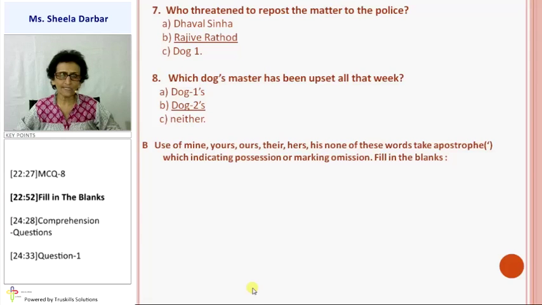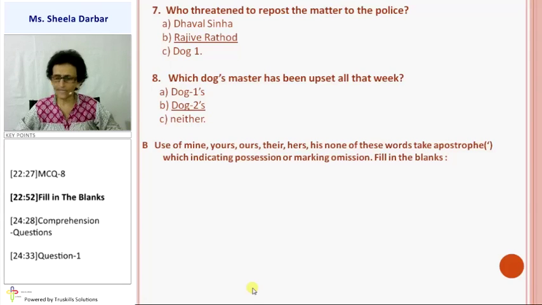Now in this case it is belonging, possession, and therefore apostrophe. But in the words that are given here, mine, yours, ours, their, theirs, hers, his, none of them will have apostrophe, which indicates possession or marks omission.